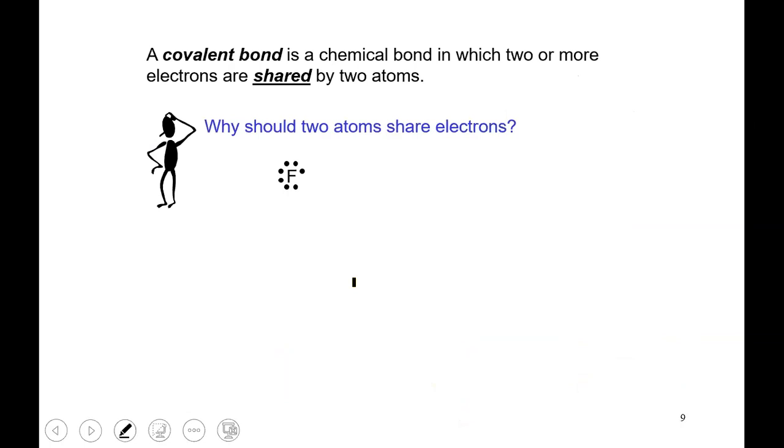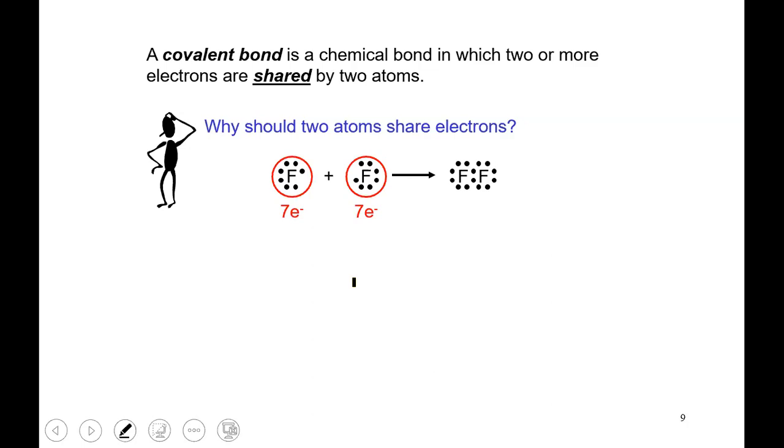So I bring in one fluorine atom with 7 dots and another fluorine atom with 7 dots. What would happen if these two would come together and each one of them takes that one lonely electron and combines it with the lonely electron of the other one, and essentially they hook up like this. 7 electrons there, 7 electrons here, and now they form this.